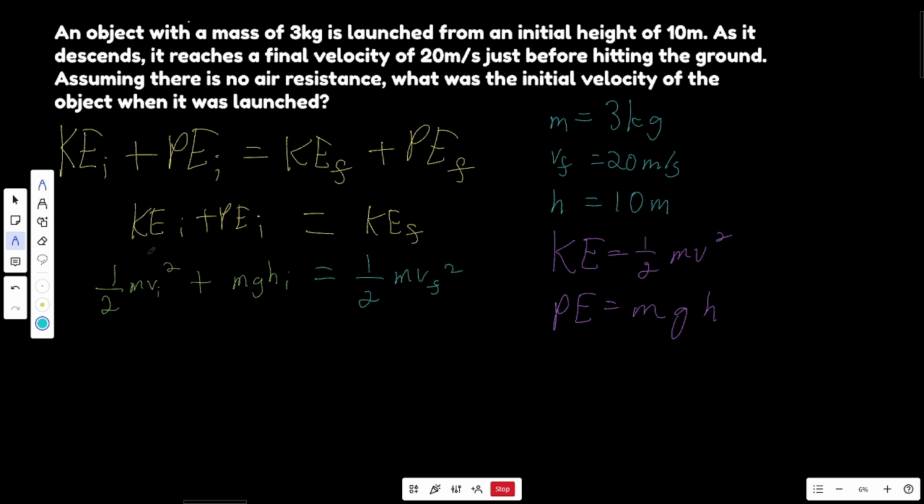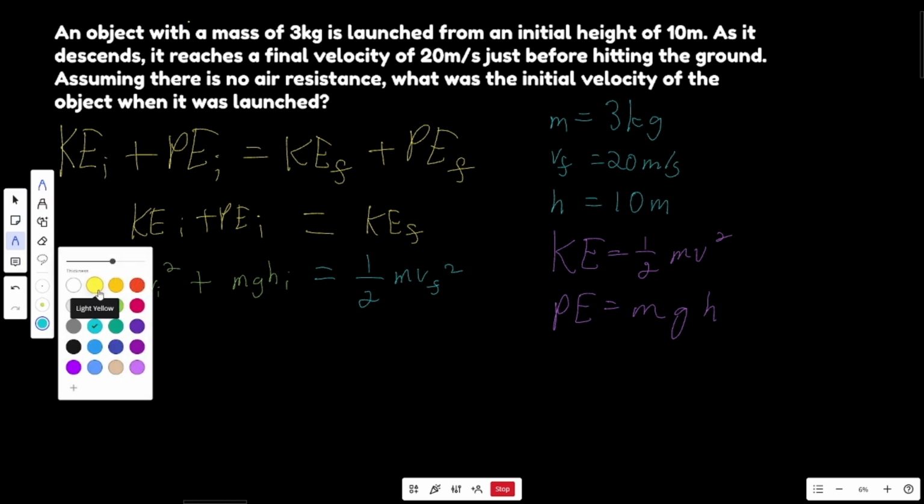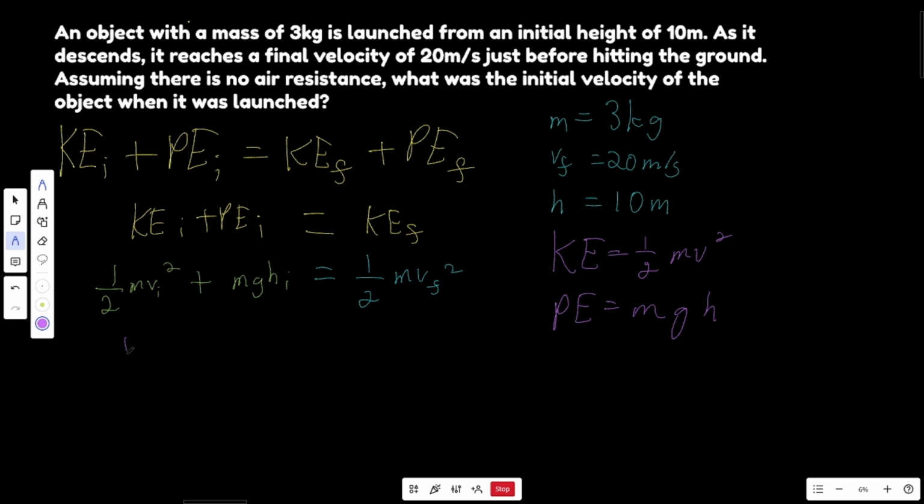We have the values of mass, we have the value of gravity, we have the value of height, and we have the value for final velocity. So let's start plugging in our values. Let's just go purple pen. 1/2 times 3 kilograms times vi squared plus 3 kilos times 9.81 times 10, this should be negative by the way, is equal to, hold on, we're running out of space.